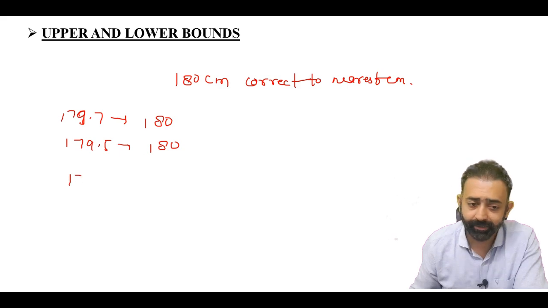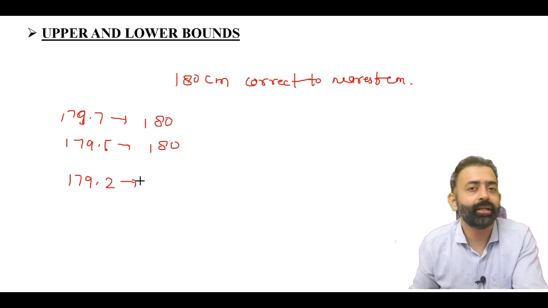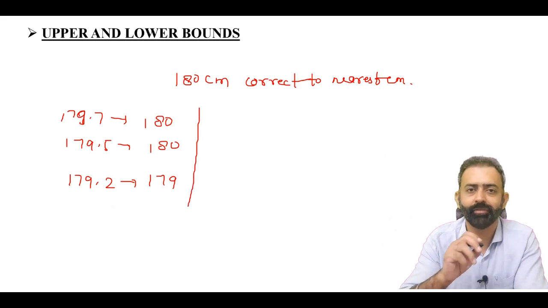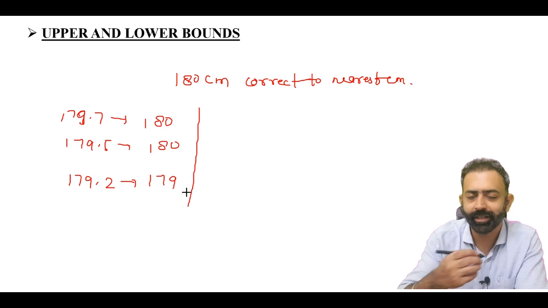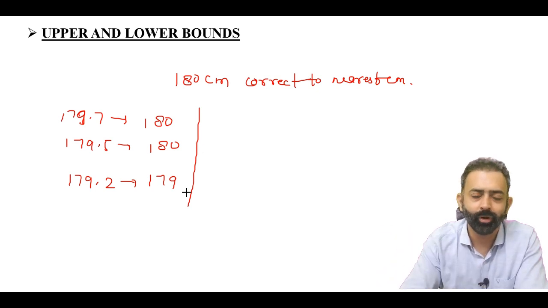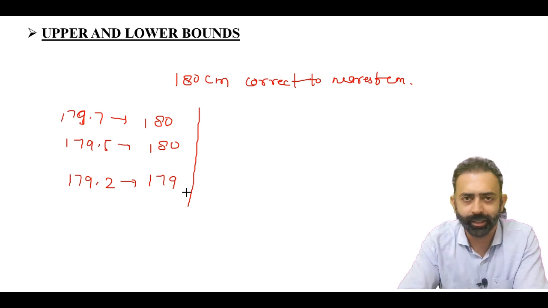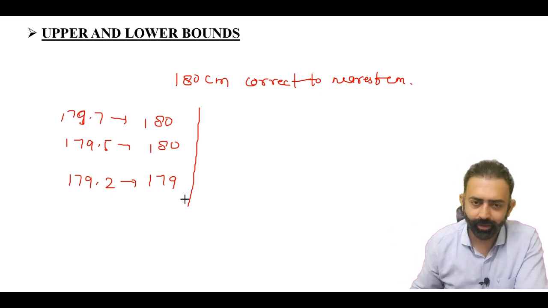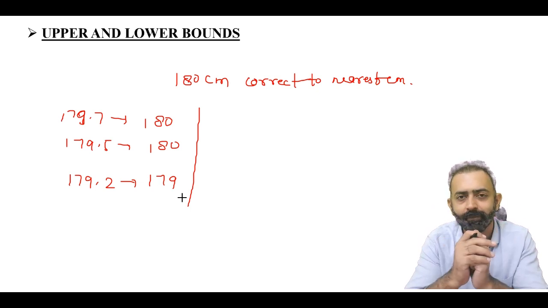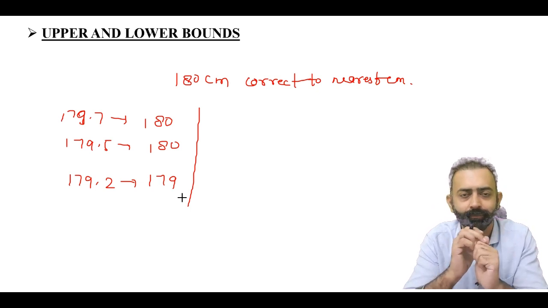But if the height is 179.2, for example, the nearest centimeter to this is not 180, rather it is 179. So meaning is that the values which are lying between 179.5 and 180.5, all those values will be rounded to 180, right? So these range of values I can represent using an inequality.